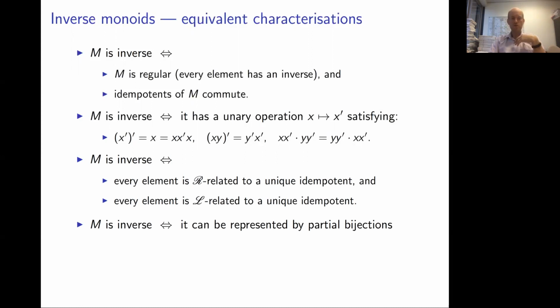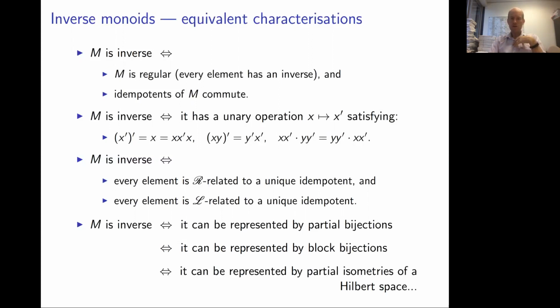You can think of inverse monoids as monoids of partial bijections, suitably represented, or block bijections, which I'll mention shortly. That's not as familiar a concept. And in fact, you can restrict these ideas to say that the partial bijections have to preserve just about anything. So I think we saw this in Alejandra's talk the other day, something to do with C-star algebras. A lot of people are interested in inverse monoids.